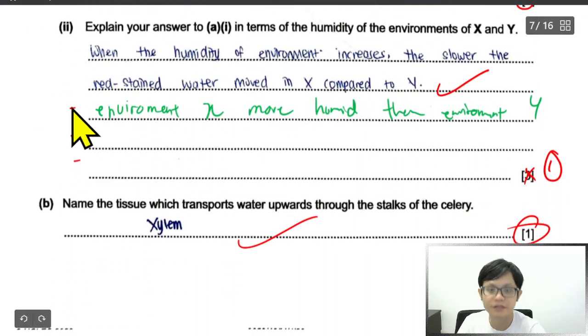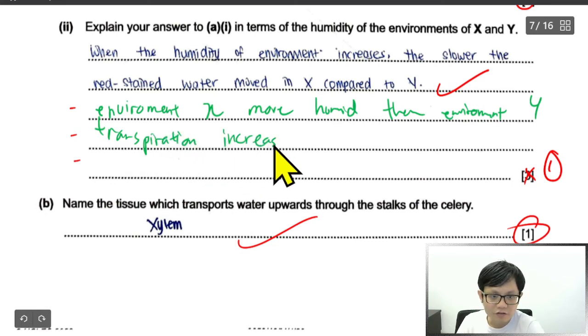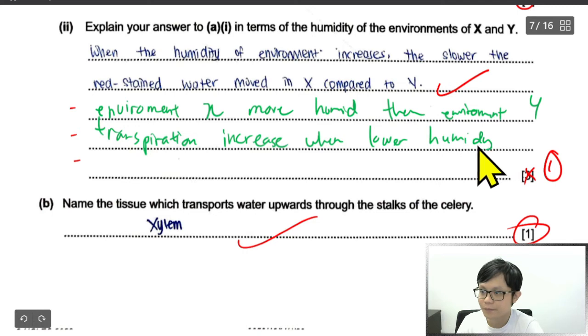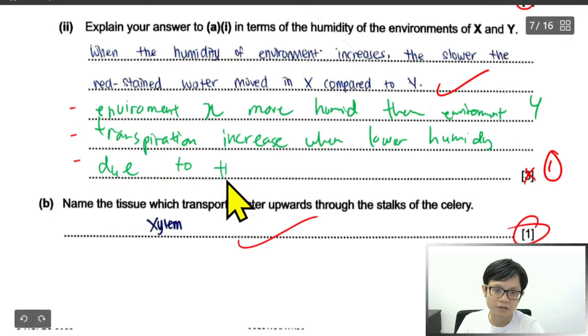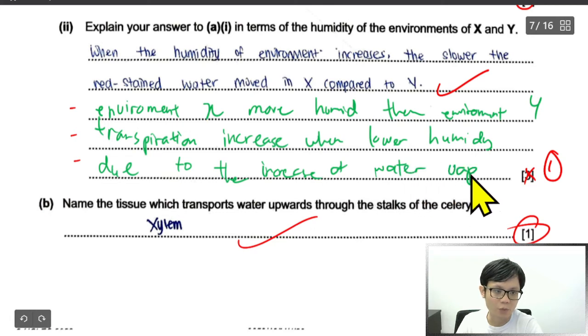Okay, so just put here transpiration increase when lower humidity. So this is another mark for this one. Due to what? Due to the increase of water vapor.